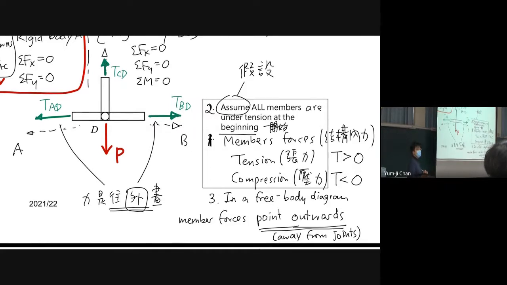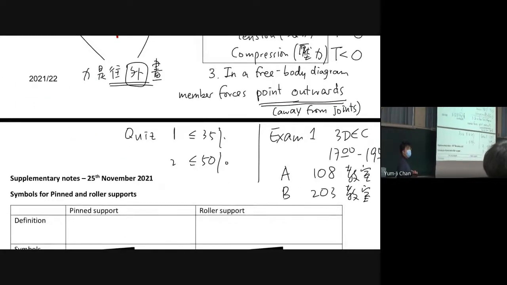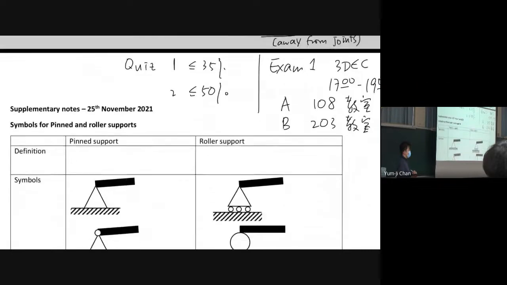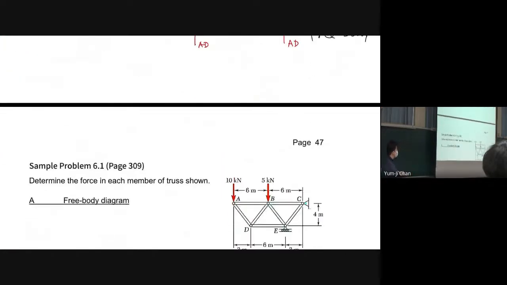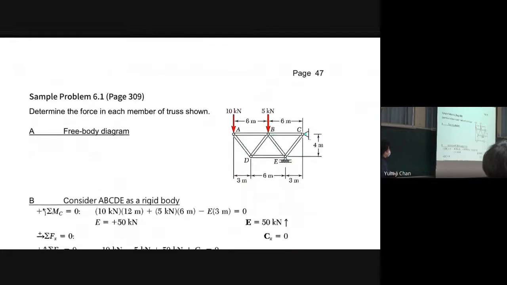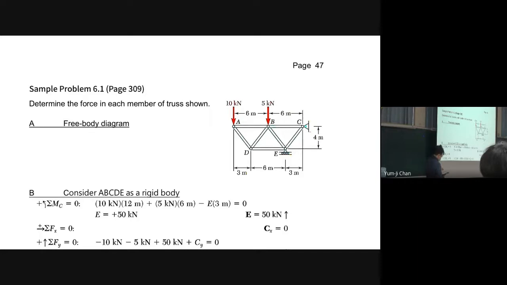Now we go to the next page. For this truss, the question is to determine the force in each member of the truss. It means we need to determine 1, 2, 3, 4, 5, 6, 7.